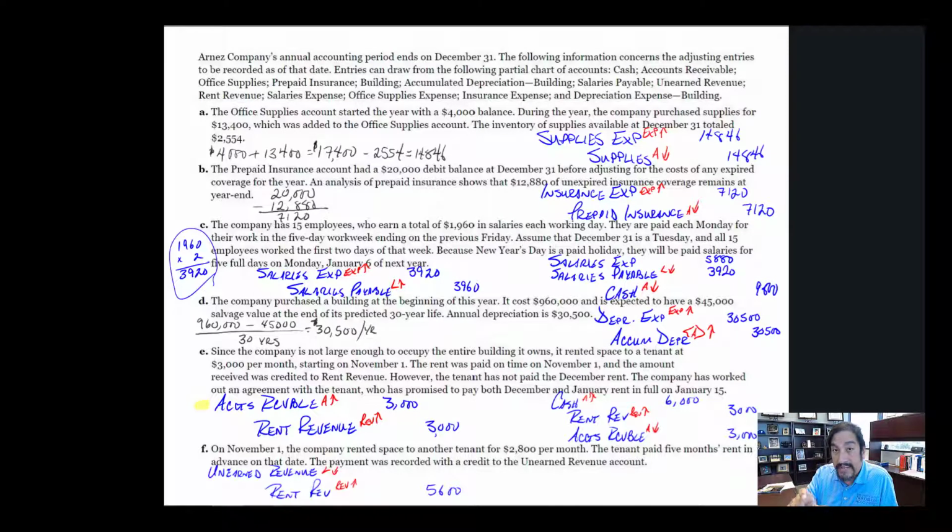So we're going to move it out of a liability. We no longer owe it. And we're going to move it over to revenue. And again, $5,600. So now there should be 3 months left in that unearned revenue account that we will do an adjusting journal entry for next year. And that's the whole problem.